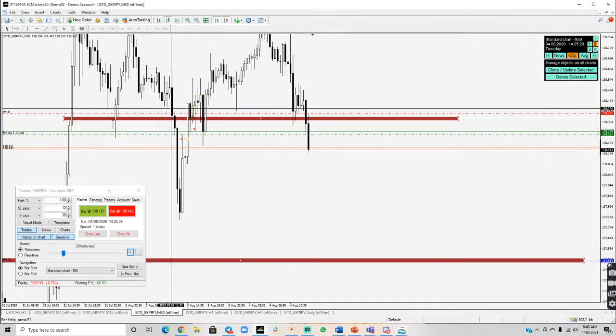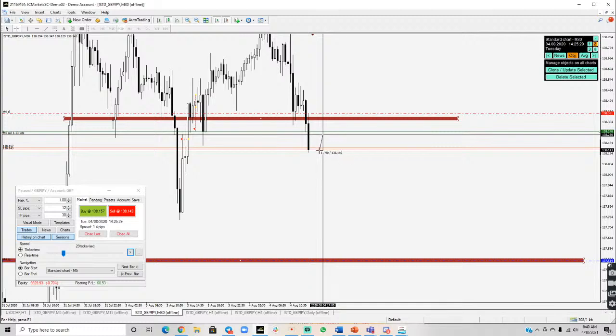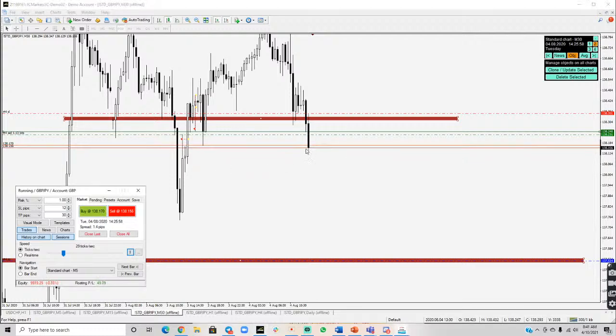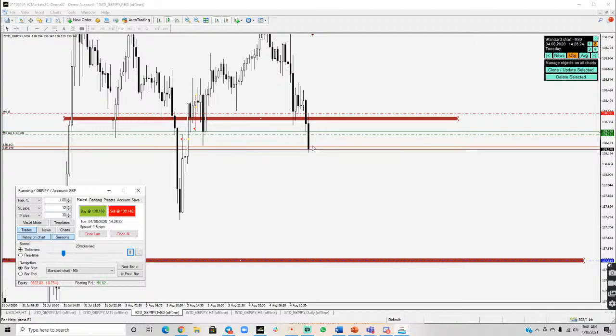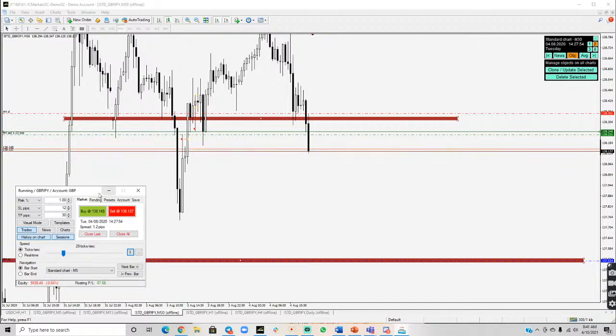All right, so let's see if we have actually, so this was 10 pips. So what I'm gonna do, let's leave the entire position to run, based on trying to day trade this move all the way back down to here. Let's see if the market will actually continue to push.